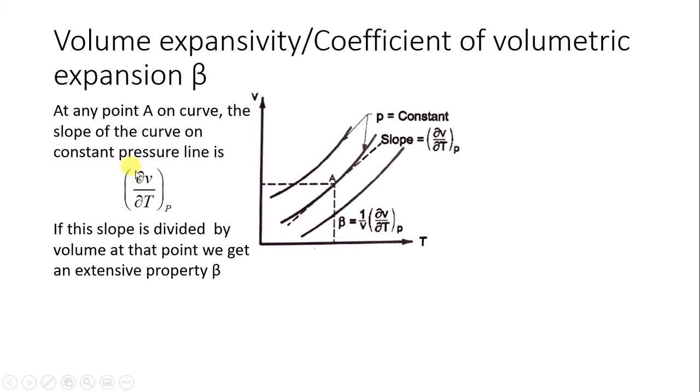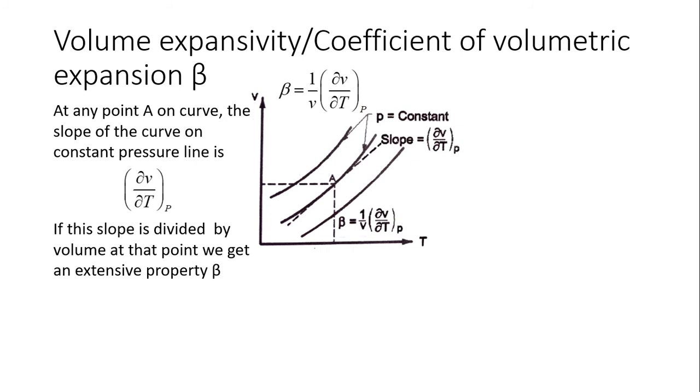Now when this slope is divided by volume, we get a property which is known as beta, volume expansivity. Okay, so beta is 1 by V into dou V by dou T when pressure is constant. This is the definition of beta. Now what is the meaning of this?